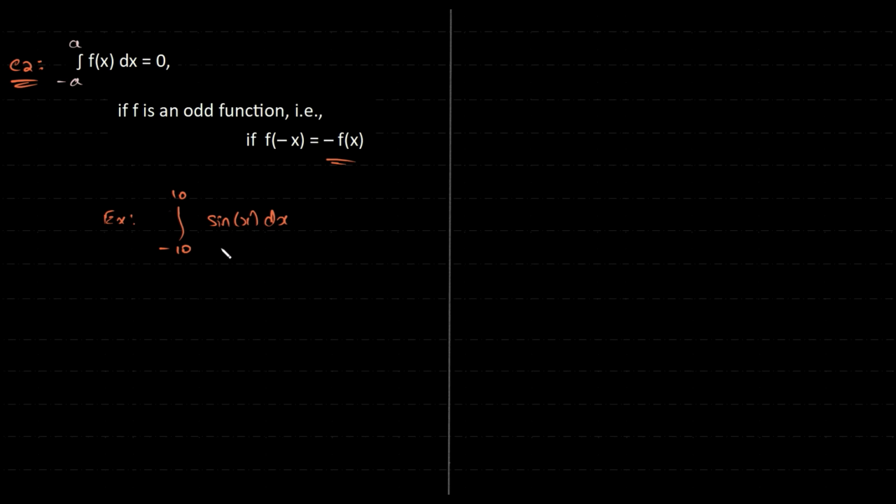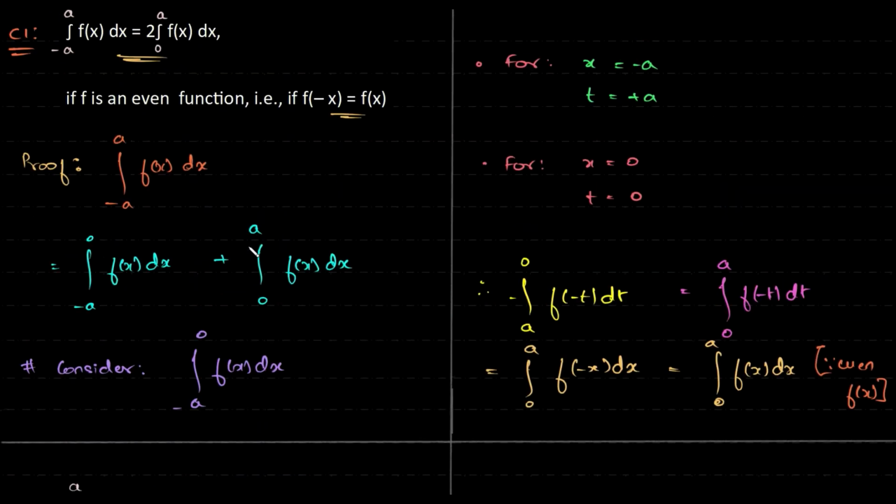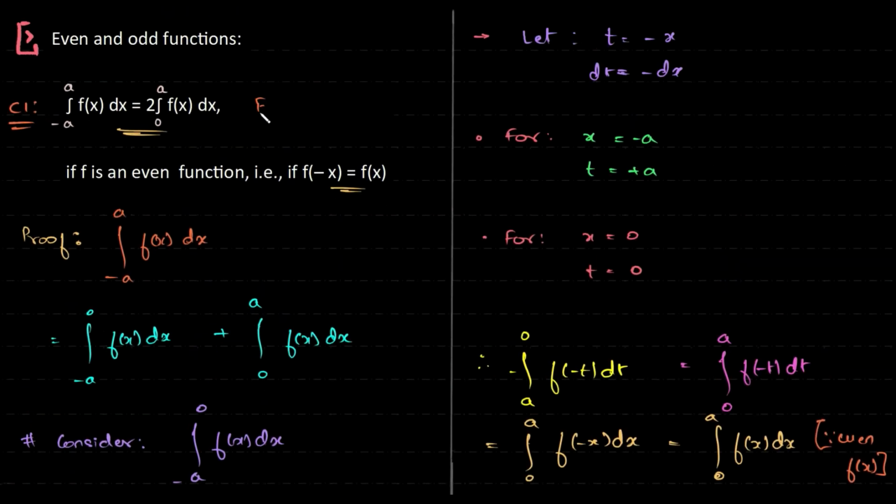There an example is modulus of x, if not cos of x. It can be anything. I don't have space actually. Minus 4 to 4 cos of x dx. Yeah. Now you can pause and have a look.